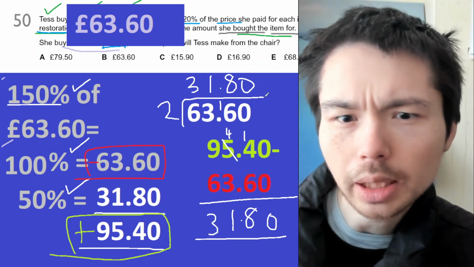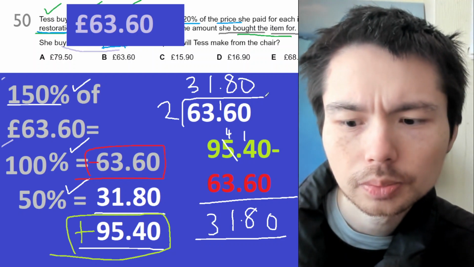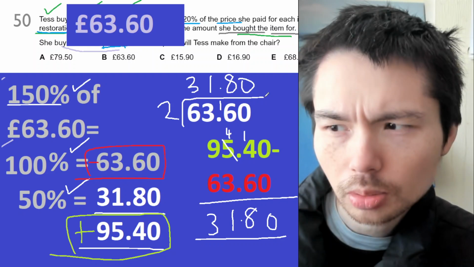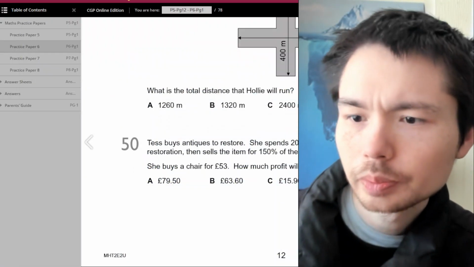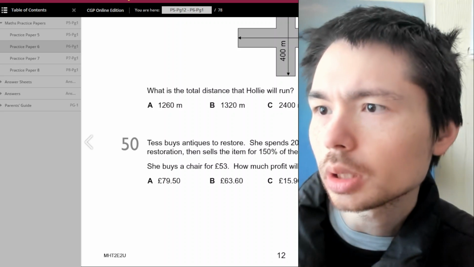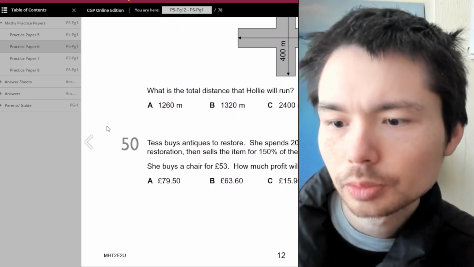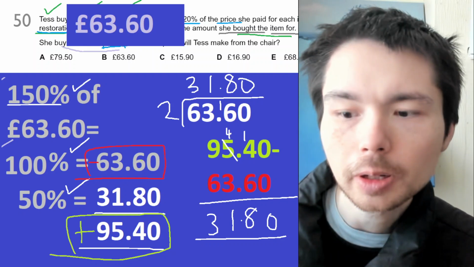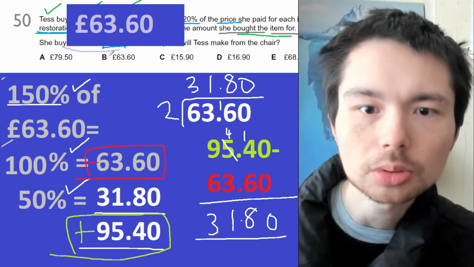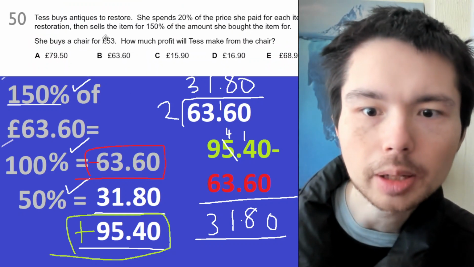So 31.80 should be there. Oh dear, it's not there. You do all this work and the answer's not there. I'm just going to bring the previous number up and then fix the mistake now. Can't fix everything in one go. Got too much to do.